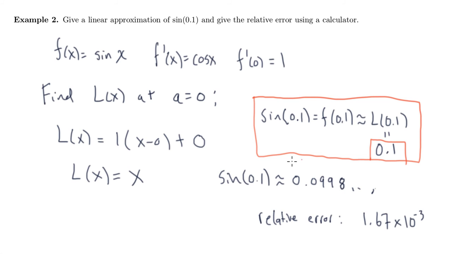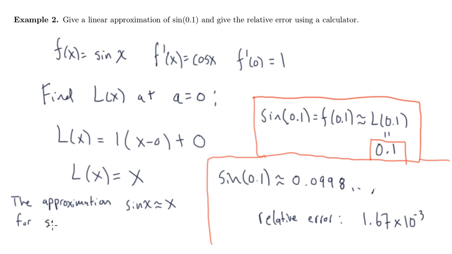And actually, this is a very important approximation in physics. The approximation sine of x is approximately equal to x for small x is called the small angle approximation.